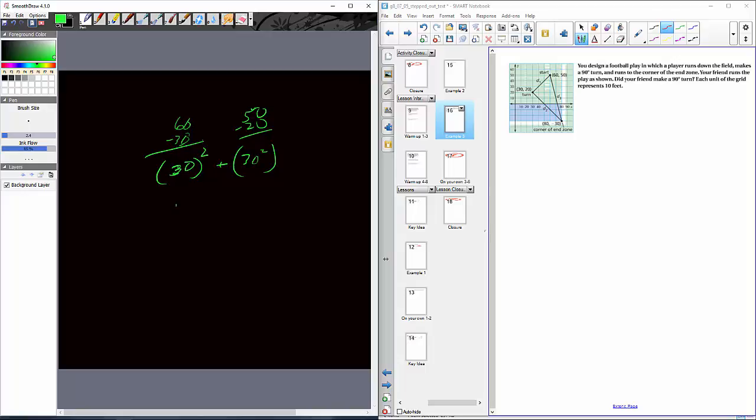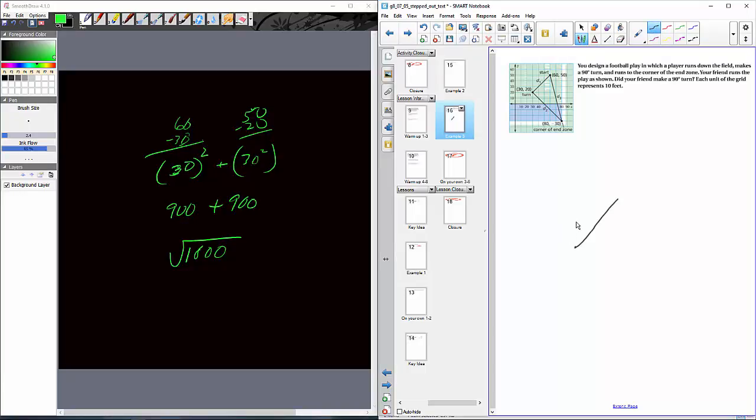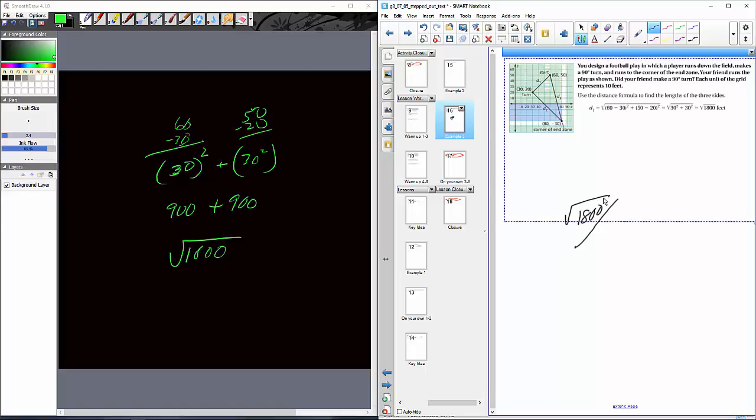So I have 900 plus 900, and that's 1800. And I have the square root of that. So this length from here to here is the square root of 1800. Okay? So let's write that down so I remember this. Okay, well, there it is, square root of 1800 feet.